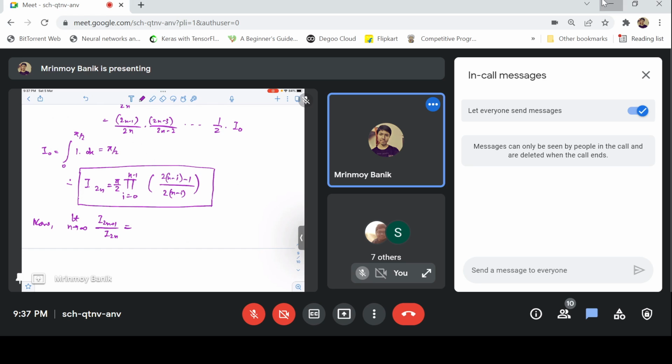So we get the limit n tends to infinity of n, but this 2 gets cancelled, n L squared pi times 2n plus 1.